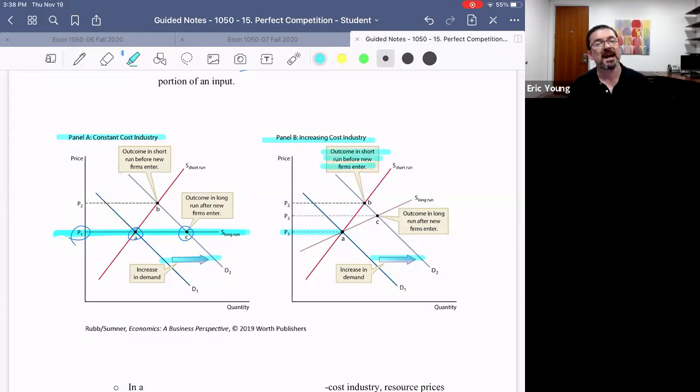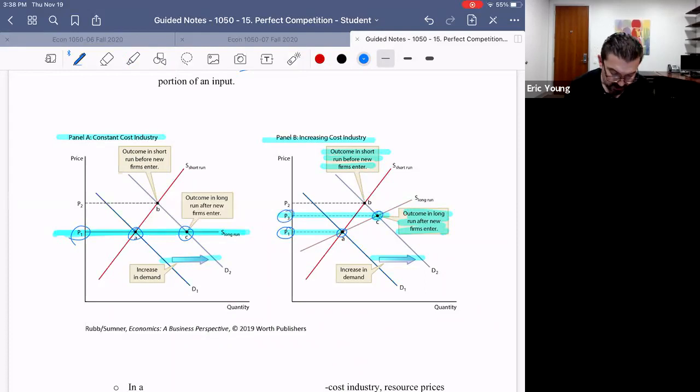As new firms enter, however, supply goes up, but because of the scarcity of some natural resources, you're going to settle right here at point C. This is the outcome after. Notice here that the price at point A, P1, is below the price at point C, P3.